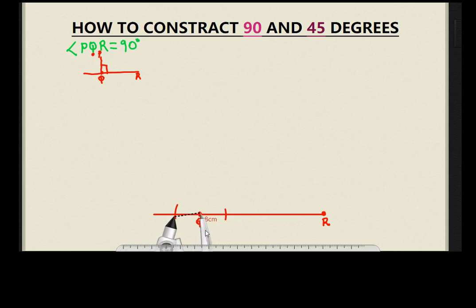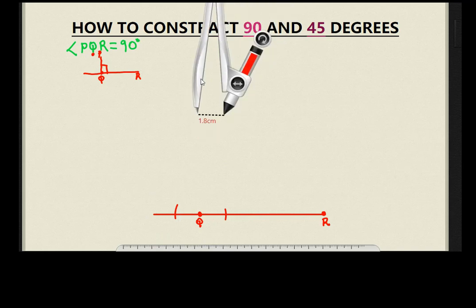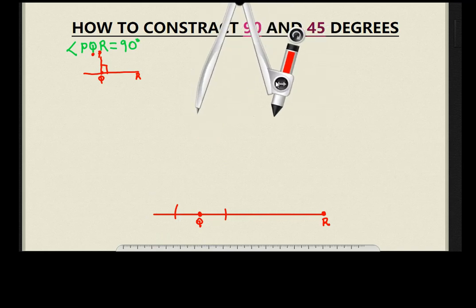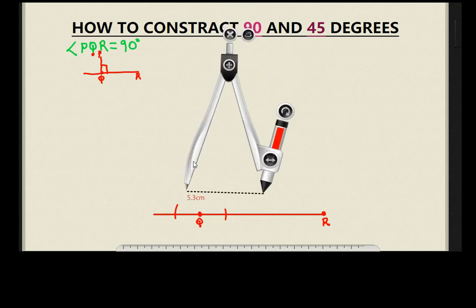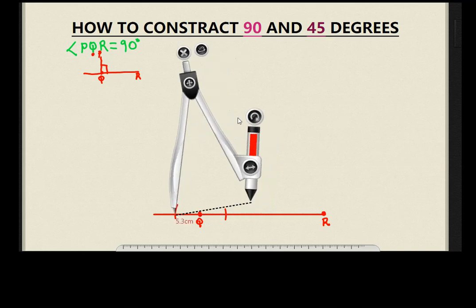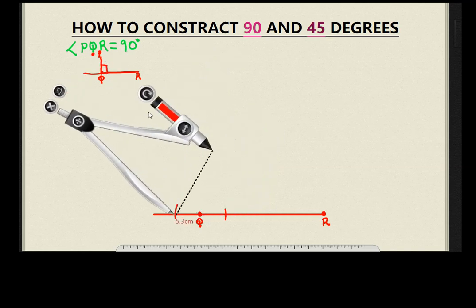So after I've obtained that, I can change the radius and then bring my compass at this point, the pointer at that particular point, and then draw an arc above the line QR.